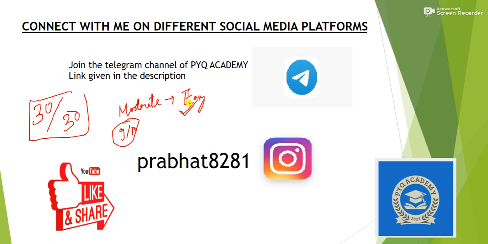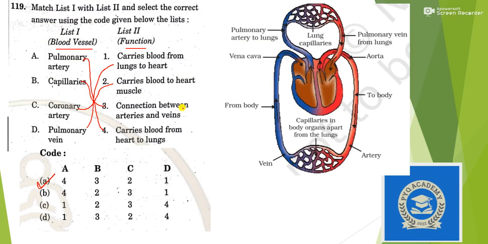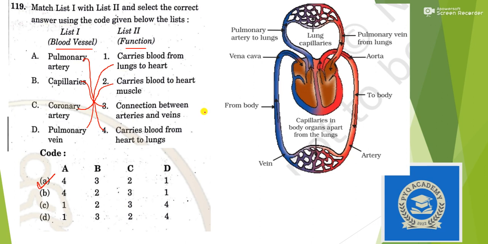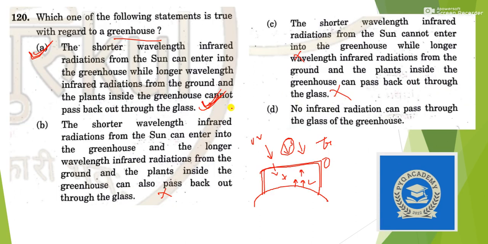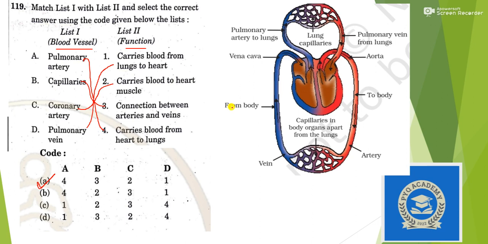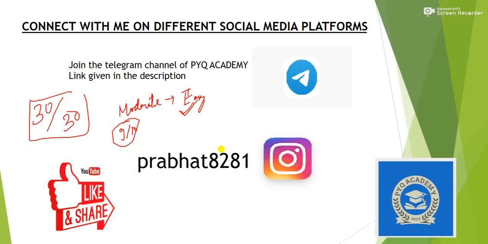I think that student must have scored more than 25 easily, or more than 28, except a few questions from higher NCERT, two questions only, but they were solvable.